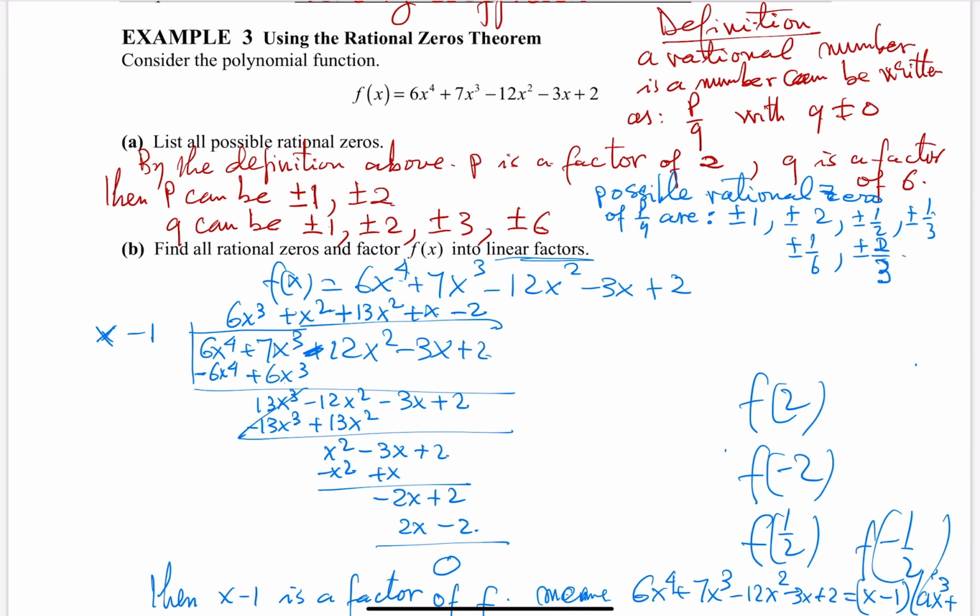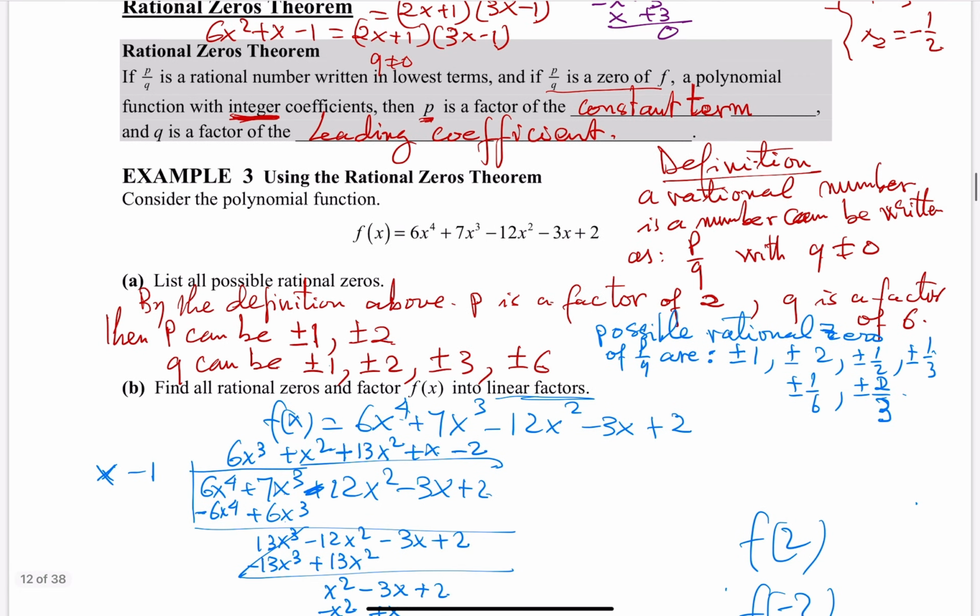Remember I told you how to find this one by definition. By definition you have to go here. I already did it with you, and I used that definition to figure out P and Q. By definition, for a polynomial function with integer coefficients, P is a factor of the constant.